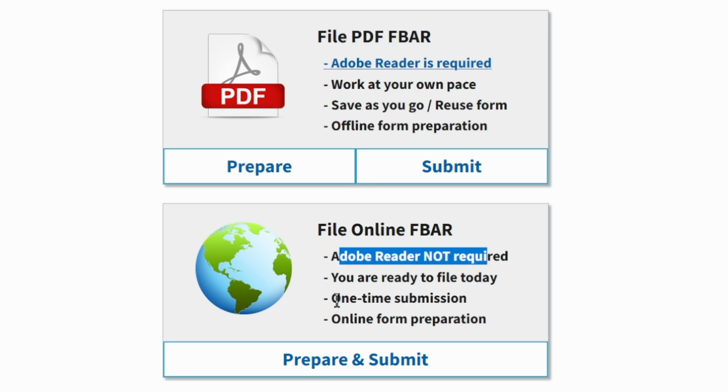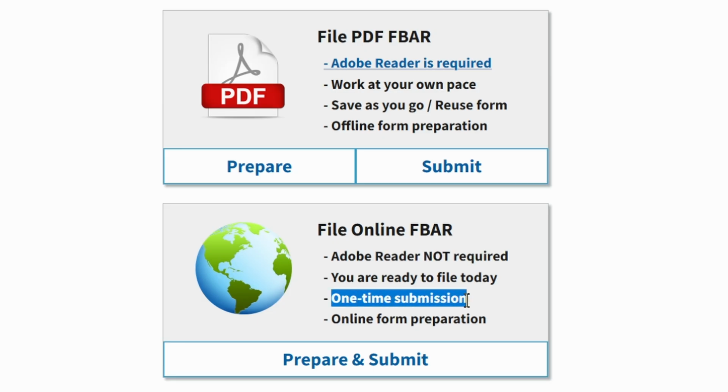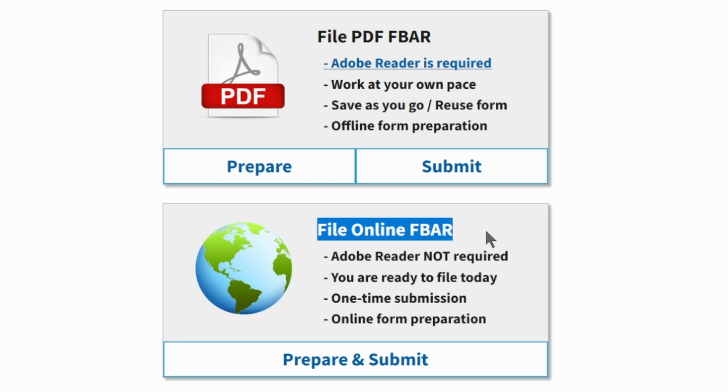The only problem is that you have to have all your information ready. Your high watermarks, your bank account numbers, the address of your banks, all of that stuff needs to be ready to go, because you cannot leave it and it will time you out if you leave it too long. So have your info ready and do the file online FBAR.